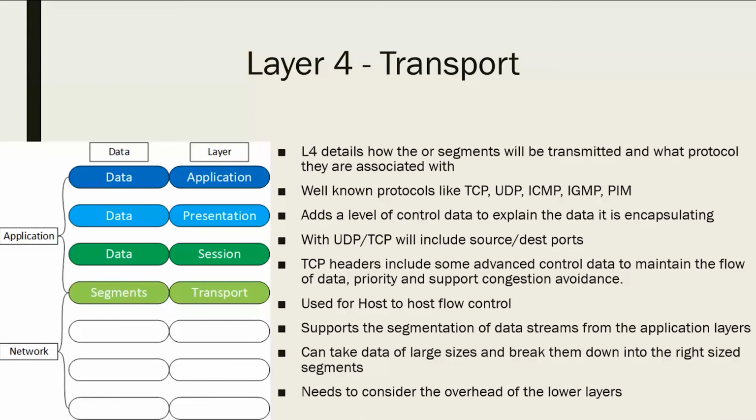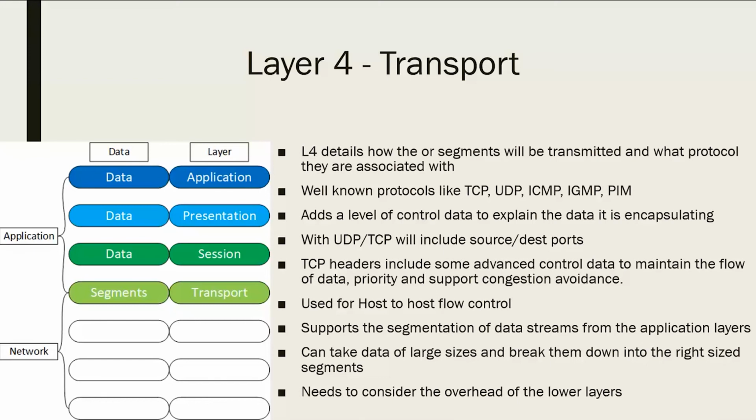So if you use UDP, well, it's not going to do any buffering. It's not going to do any congestion avoidance. It's just going to send the traffic and hope that it gets there. So at this layer, we're really interested in how that traffic goes across the network.